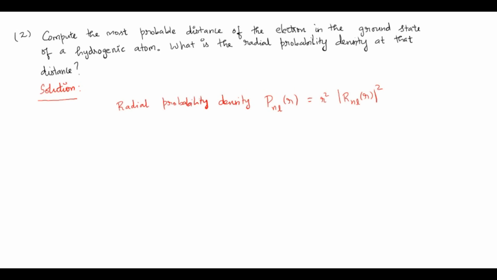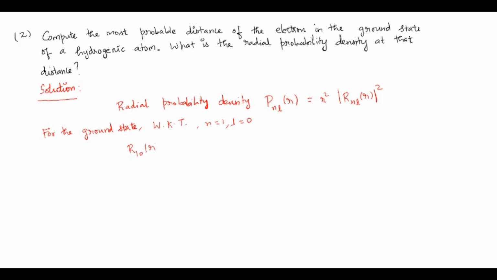Therefore, for the ground state, we know that n is equal to 1, l is equal to 0.